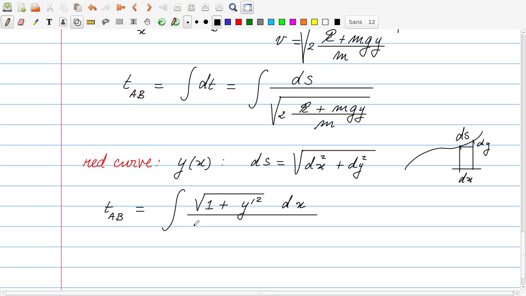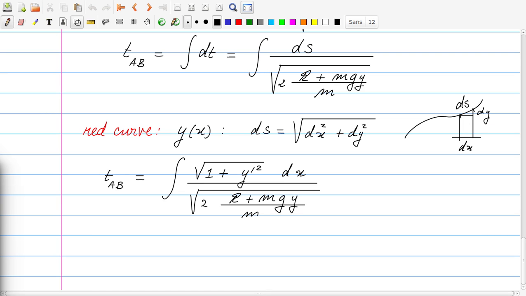And here we have the square root of 2 over m times (E plus mgy), and that is the problem I need to solve. Obviously the integral runs from the leftmost coordinate x0 up to the rightmost one, which is x1.